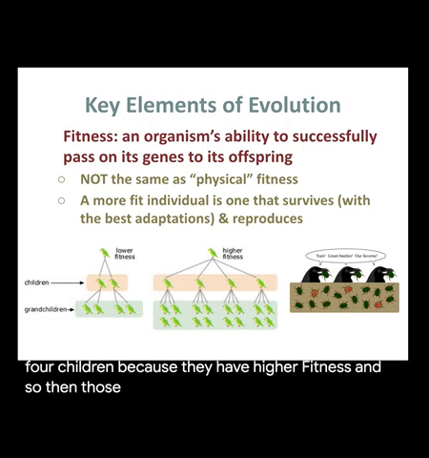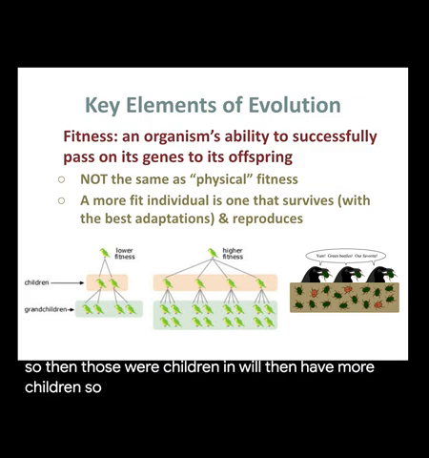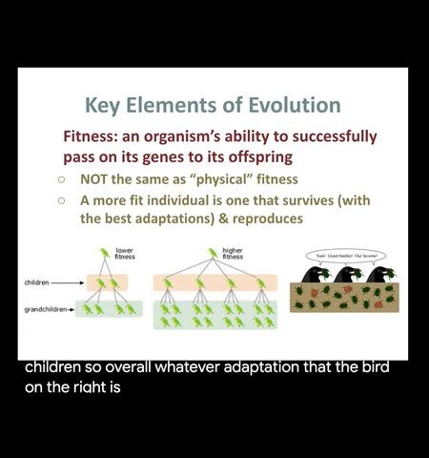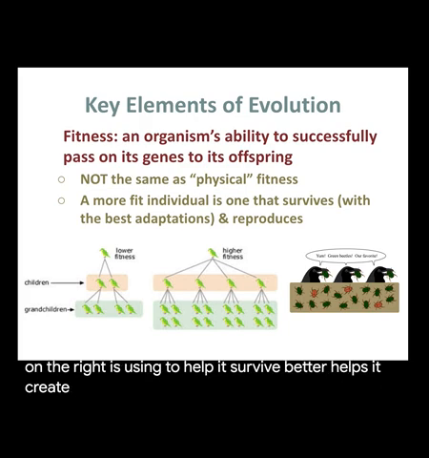And so those 4 children will then have more children. So overall, whatever adaptation the bird on the right is using to help it survive better helps it create more fitness.